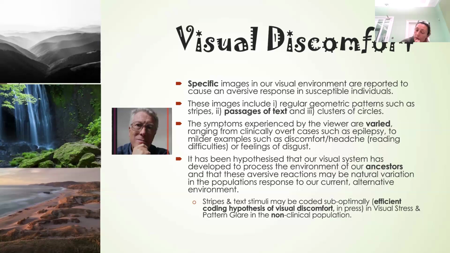So the efficient coding hypothesis of visual discomfort. This is in the non-clinical population, essentially looking at visual stimuli such as stripes and text that our visual system is not comfortable looking at, and the way we're coding that information is suboptimal. So our visual system is using too much energy to try to understand these visual stimuli.